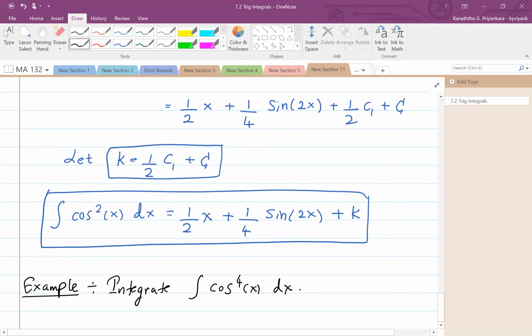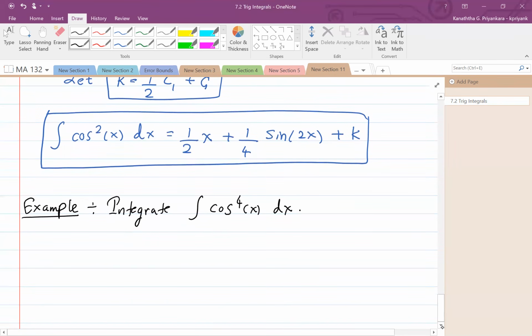We need to integrate this, so we need to find some expression for cosine to the power 4 x, then we can integrate it. Now I'm going to find an expression for that.